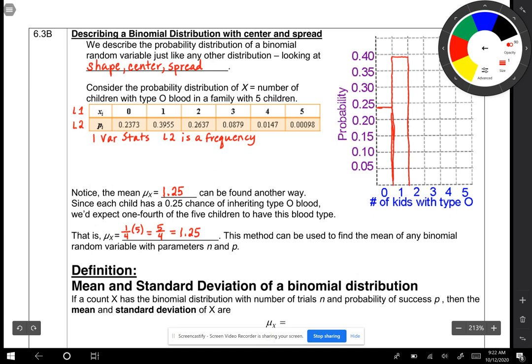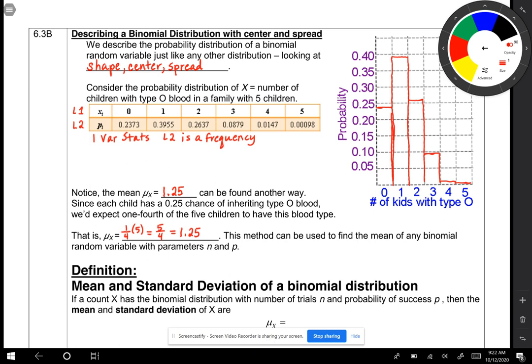For 2, it would be 0.263 something. For 3, 0.08, so right about here maybe. For 4, 0.0147. And 5 is barely the line there.